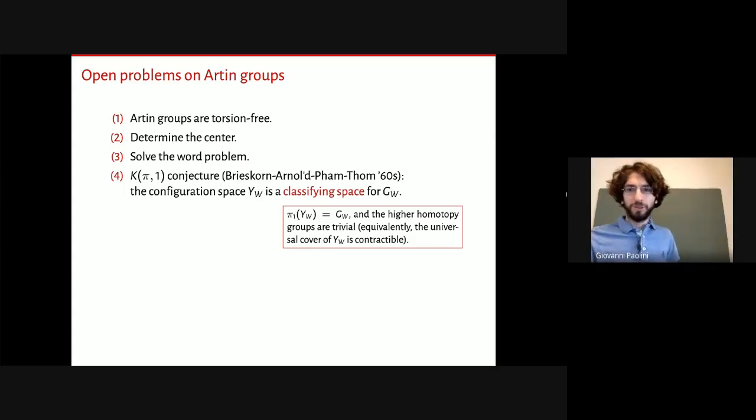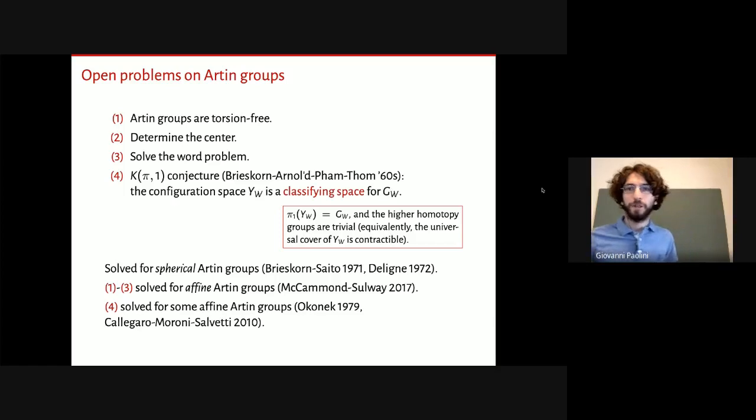What's the status of these problems? Some of them are solved for some families of Artin groups. In particular, I state here some of the results. All four problems have been solved a long time ago for the so-called spherical Artin groups. Spherical Artin groups are those that come from finite Coxeter groups, which is the same as finite reflection groups.